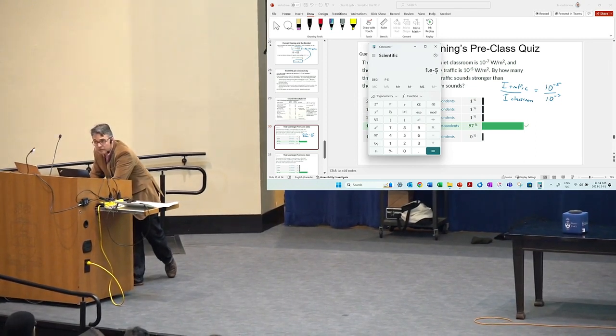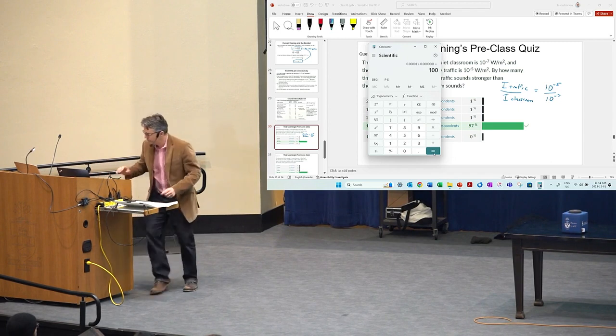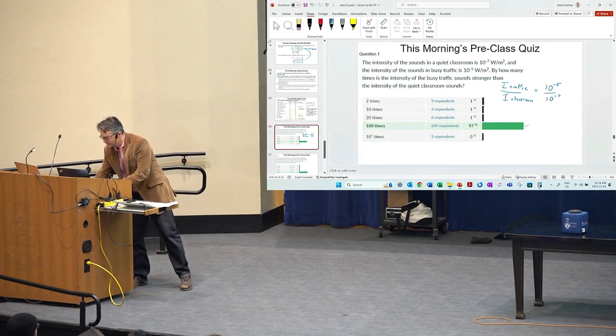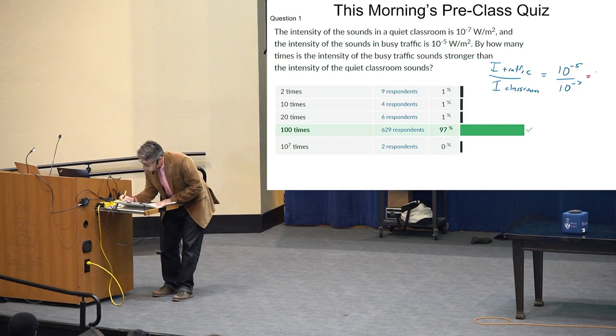That's what the little e means on my calculator. And then I press divided by 1 exp 7 negative. I got 100. You might know that, but I just want to make sure everyone's using their calculator all right. So that's where that comes from.